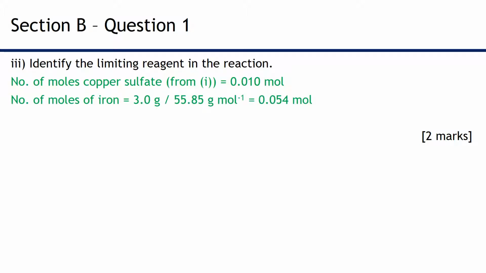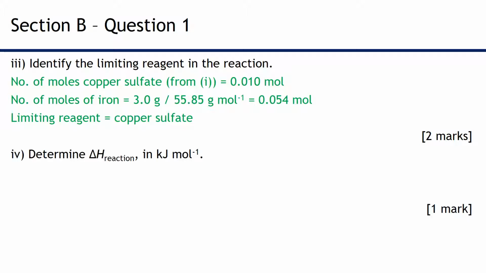You can then work out the number of moles of iron present by taking the mass, 3 grams, dividing it by the atomic weight, which is 55.85 grams per mole, and that tells you you have 0.054 moles of iron present. So clearly there is a lot more iron than there are copper cations present, so your copper sulfate must be the limiting reagent here.